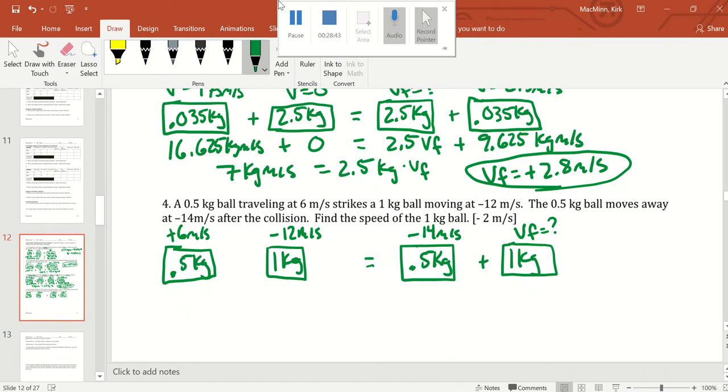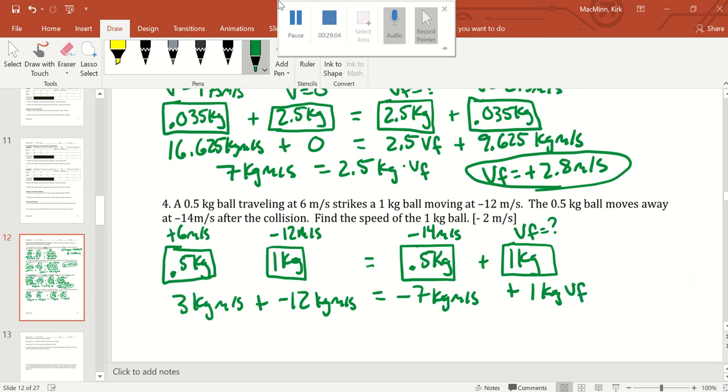So 0.5 times 6, that's going to be 3 kilogram meters per second, plus negative 12 kilogram meters per second, equals negative 7 kilogram meters per second, plus 1 kilogram Vf. So we combine like terms here, we're going to get negative 9 kilogram meters per second as total initial momentum equals negative 7 kilogram meters per second plus 1 kilogram Vf.